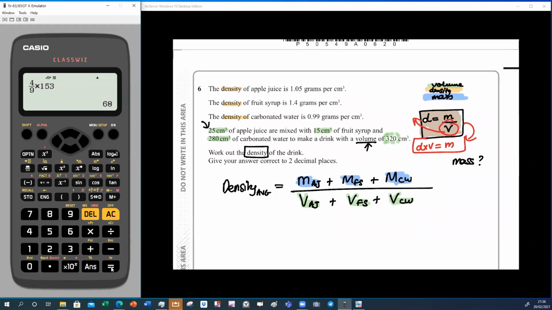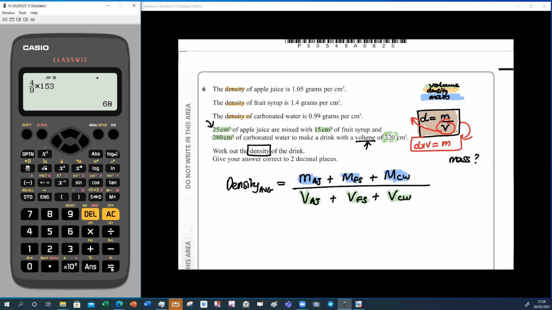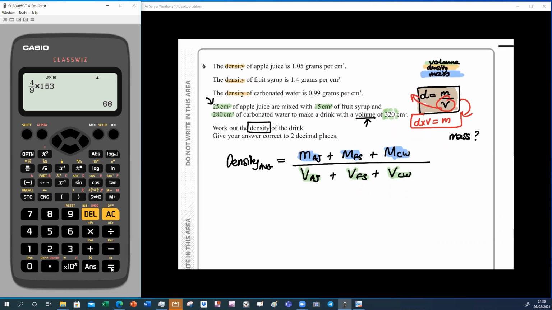So we need to work out the masses for those juices, so we can put them into the formula as small mini calculations. So let's go for it. We can copy that over here.